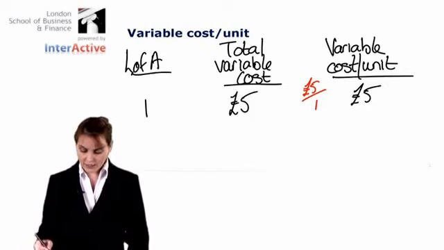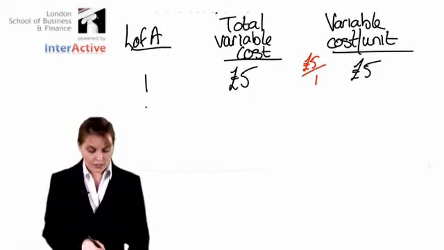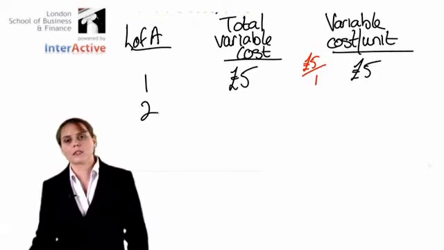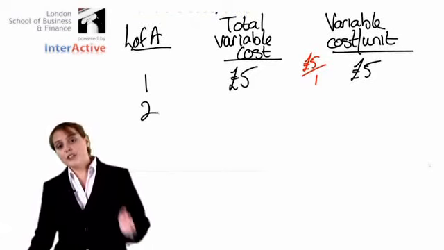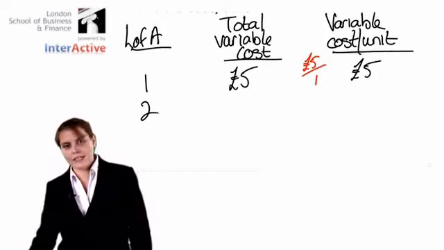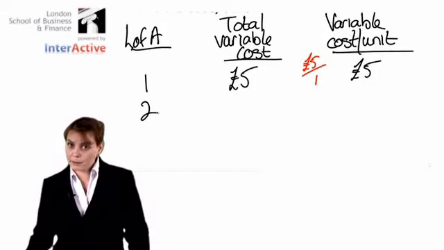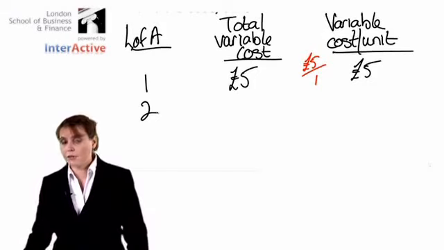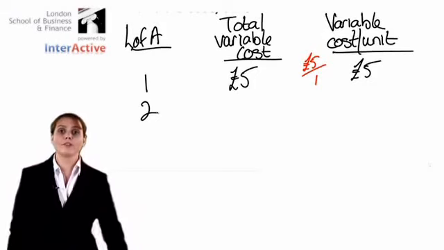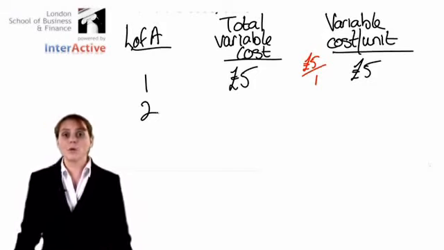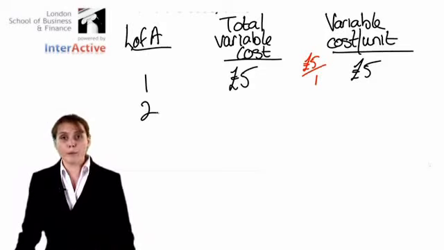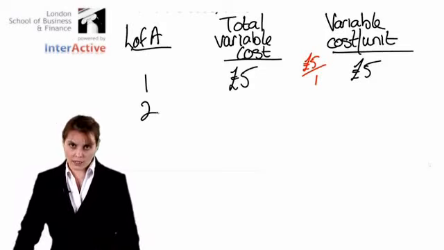What if we increased our level of activity to 2 units? Now we have doubled our level of activity. If we double our level of activity, remember, our total variable cost is going to increase in proportion to level of activity.